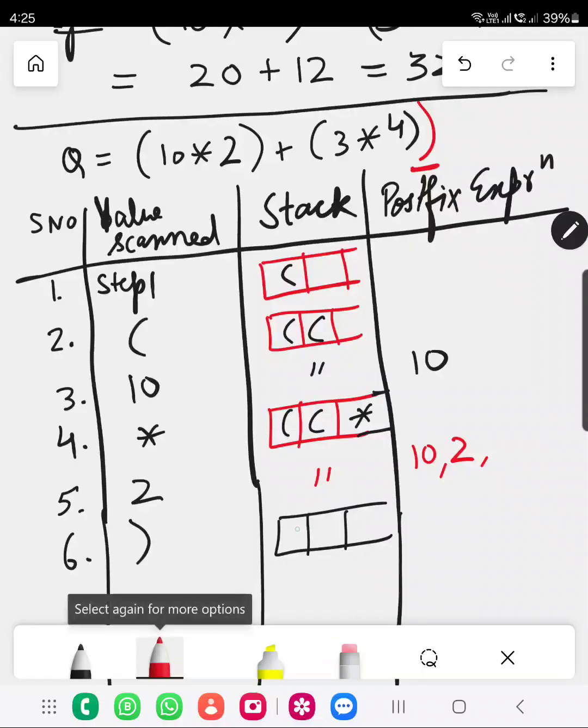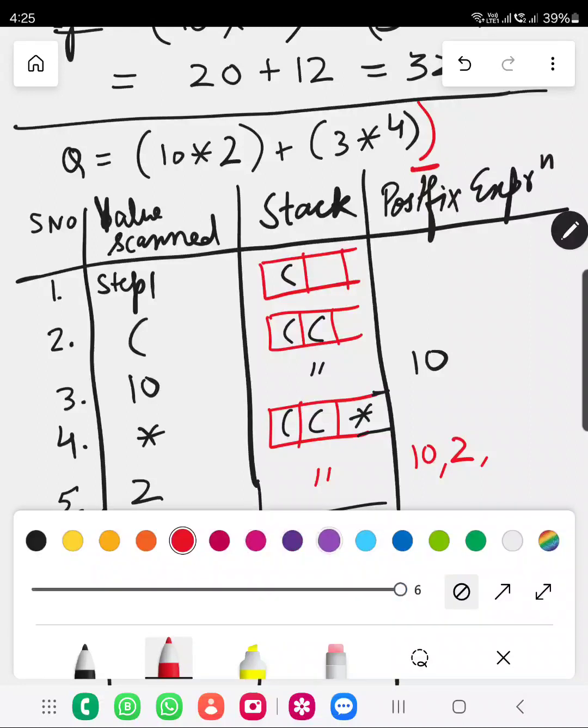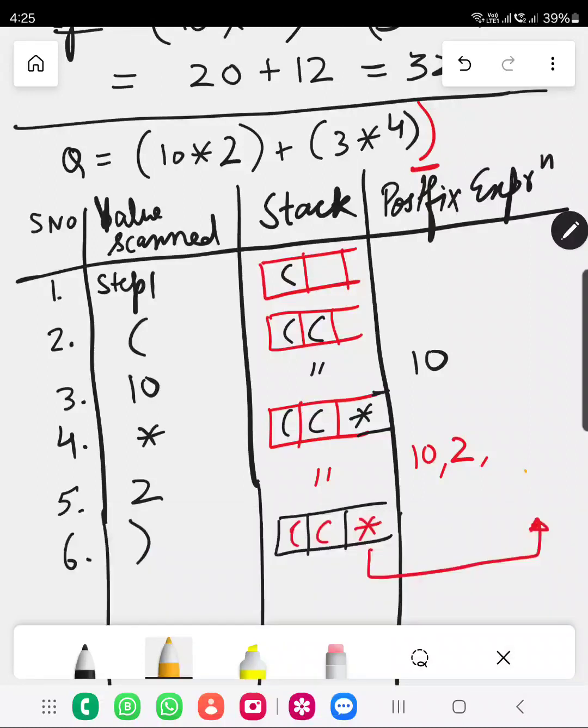We have to remove everything till we get a left parenthesis, and whatever we are removing will be added to the postfix expression, except this, which will be discarded. Alright, so what are we left with? We are left with 10 comma 2 comma multiply.